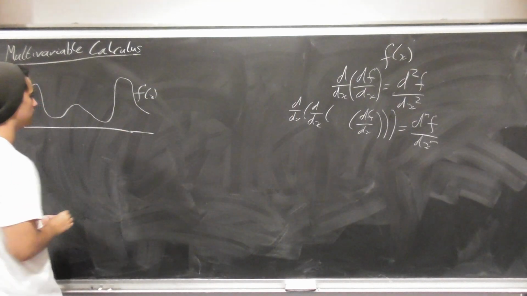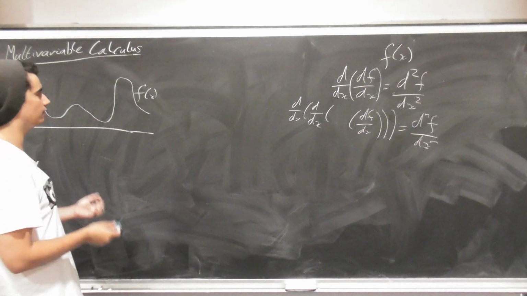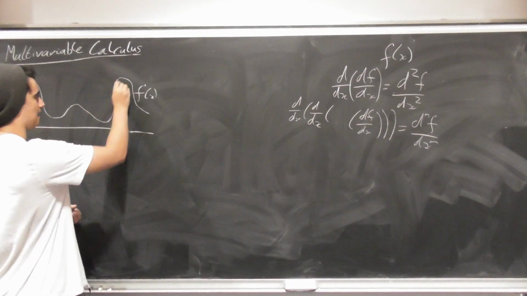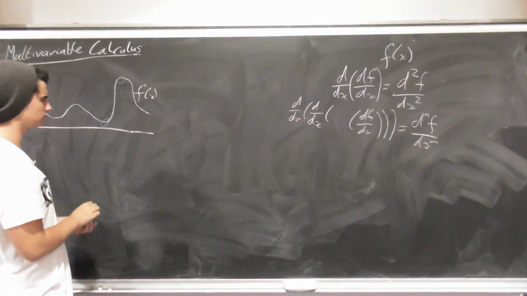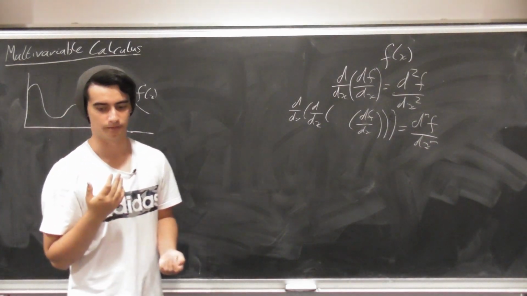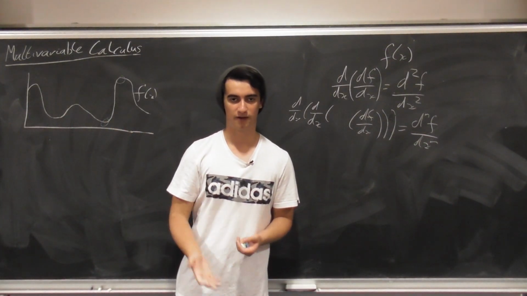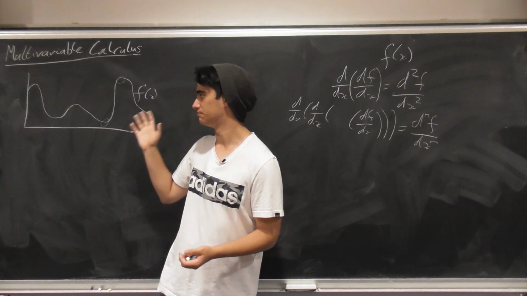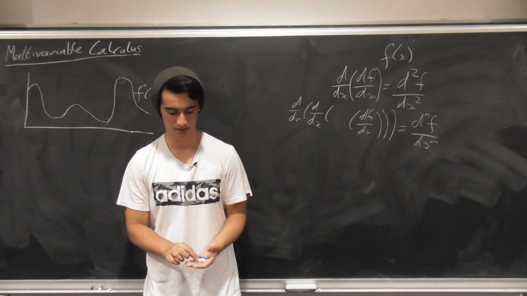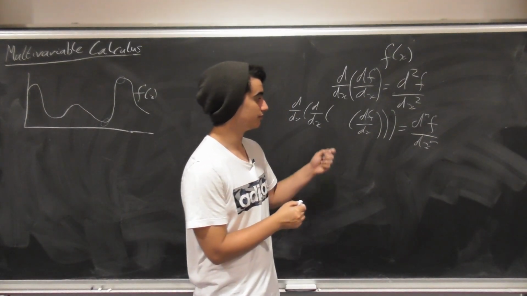By looking at it, we can see that there's a maximum over here and there's a minimum over here. But how can we tell this from a calculus point of view? How can we find where these are without just drawing out a graph and hoping for the best? So this is what we use our second derivatives for.